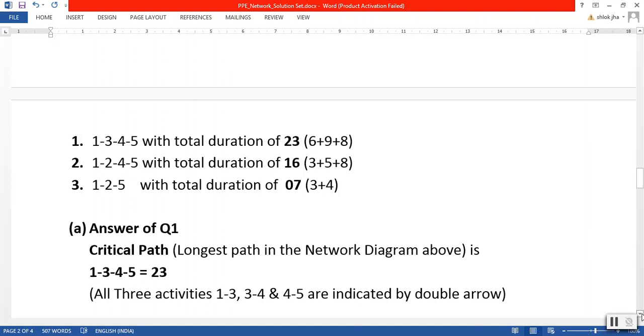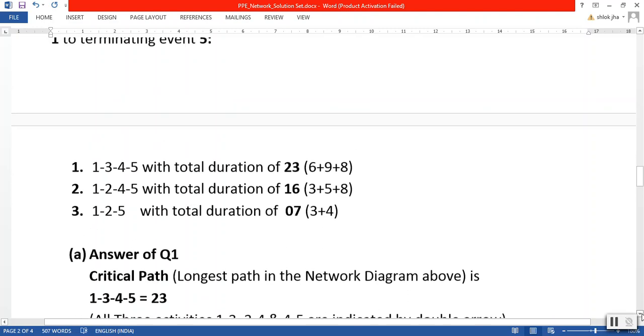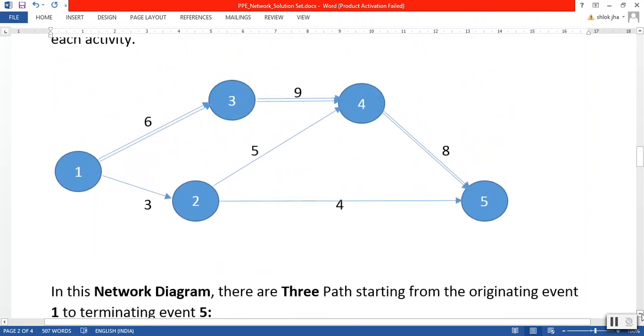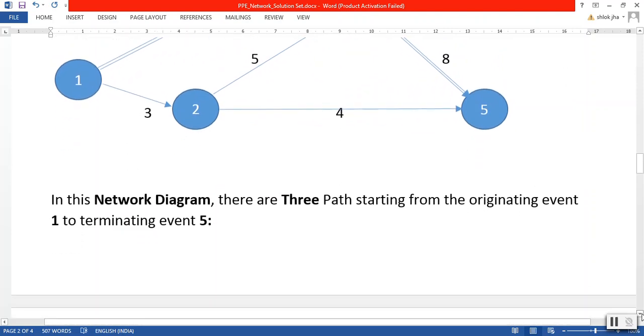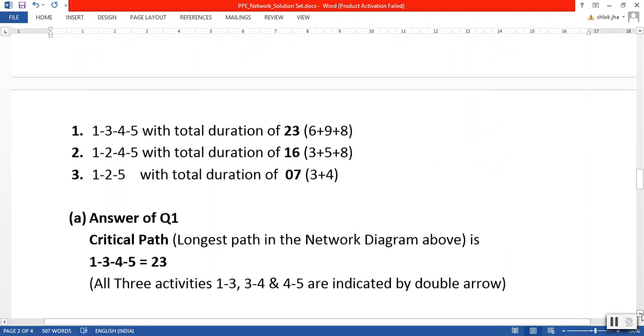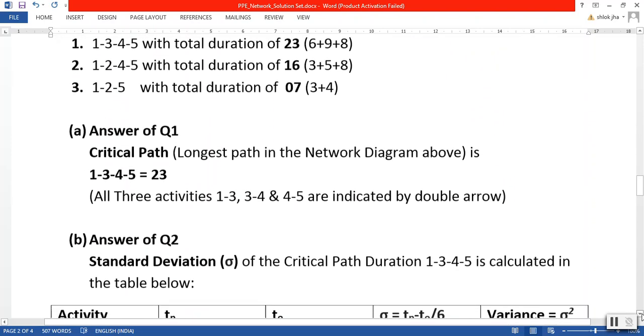All three activities falling on this critical path, 1-3, 3-4 and 4-5, are indicated by double arrows. Just look at this diagram: 1-3, 3-4 and 4-5 double arrowed. So first we answered, now we'll answer question 2.